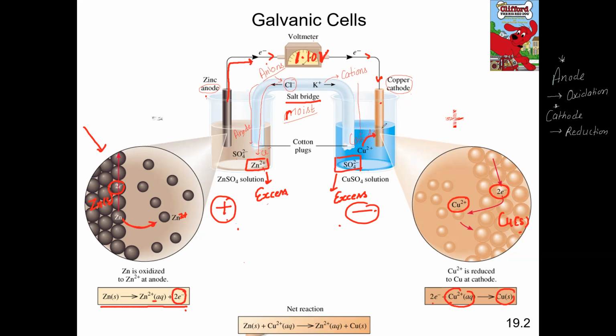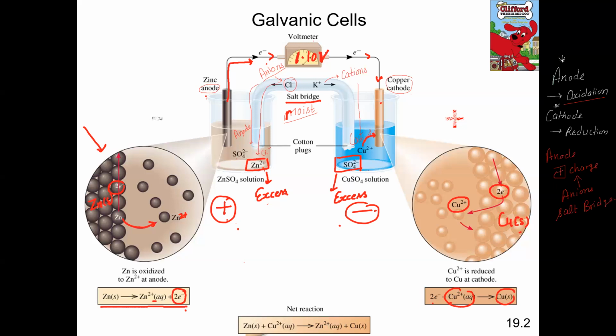So they will ask these types of questions. What charge is getting accumulated in your anode compartment? Remember, anode, oxidation. Oxidation means electrons, negative charge, are going out. So what charge is accumulating in the anode compartment? The positive charge. To neutralize this positive charge, what is needed? Anions. Anions are coming from the salt bridge, right?